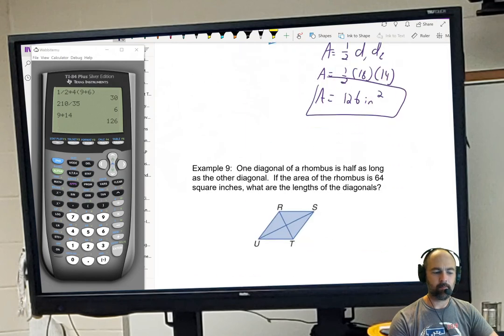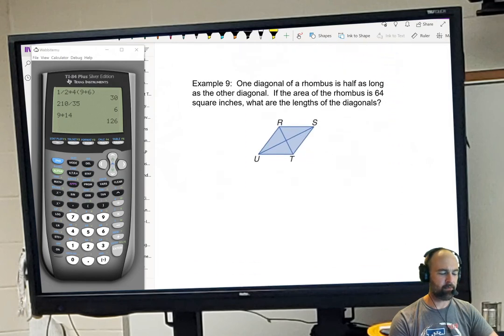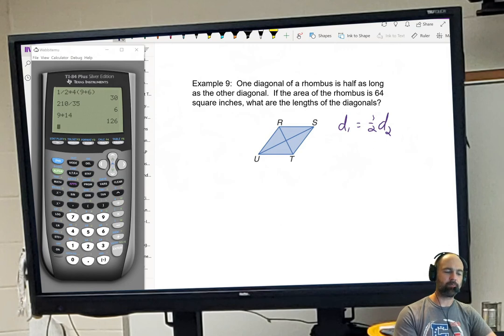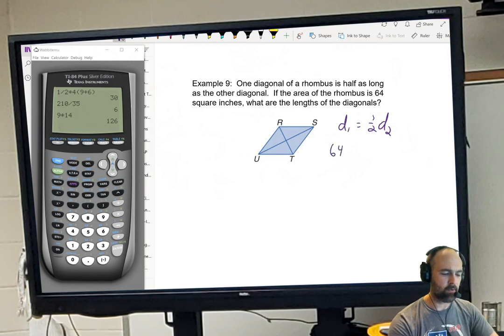All right. Last example. One diagonal of a rhombus is half as long as the other diagonal. So I'm just going to say this: diagonal 1 is going to equal 1/2 of diagonal 2. Okay, so if the area of the rhombus is 64, let me write the entire formula out.